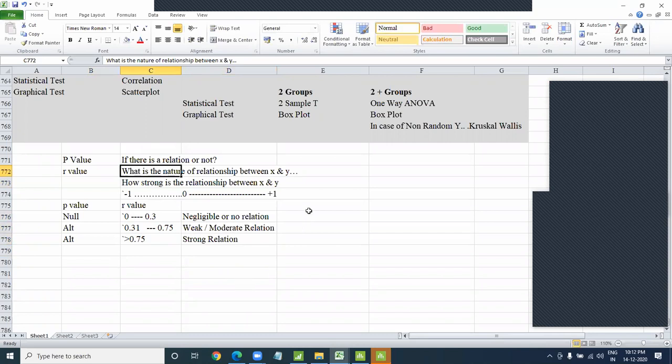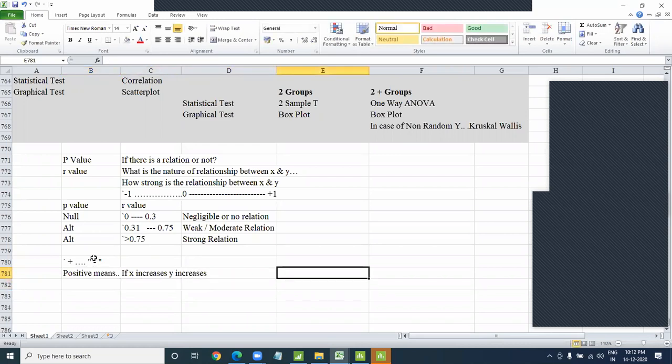The nature of the relationship basically means it either comes with a positive value, or it comes with a negative sign. Positive means if X increases, Y increases.